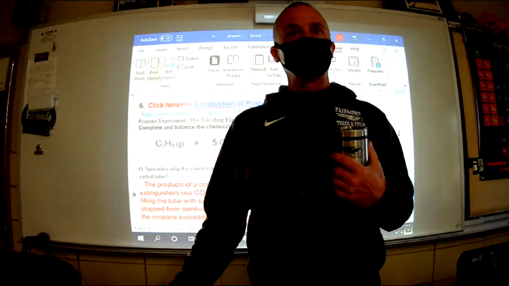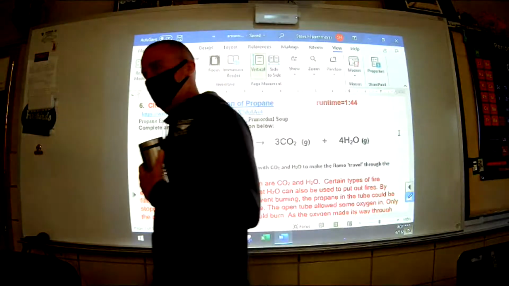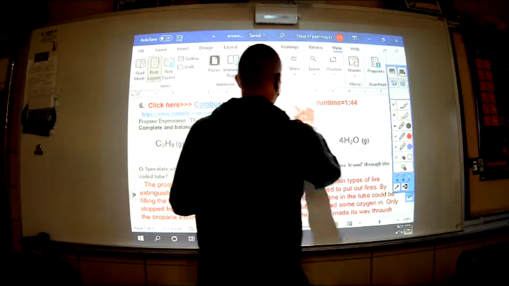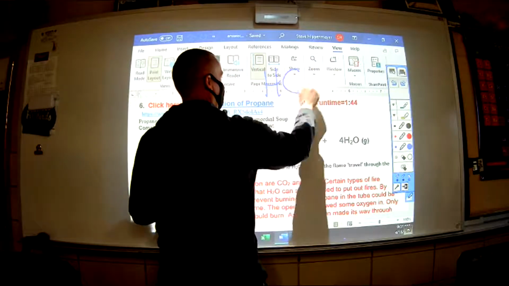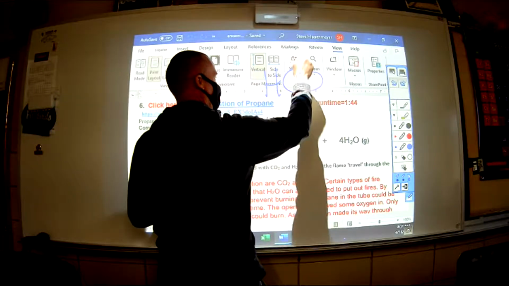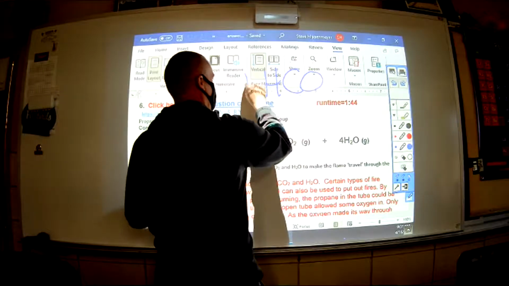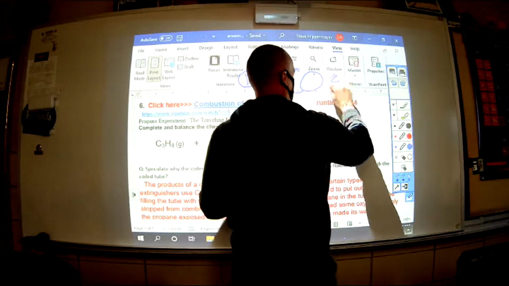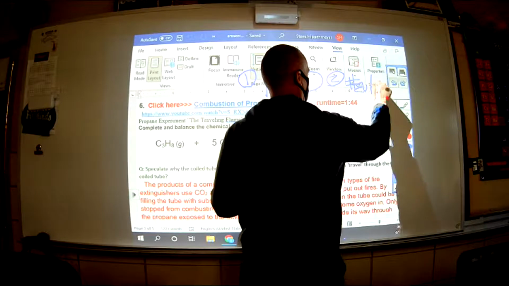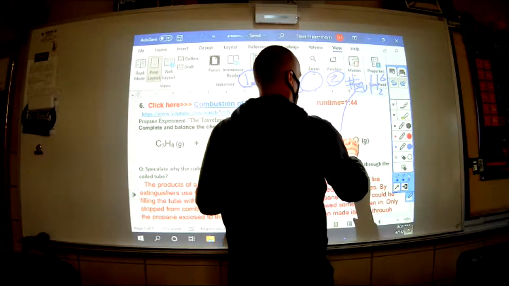The Hollister rule is indeed correct. That is where we balance them according to the Hollister acronym. Hollister Company. Hydrogen first, carbon second, oxygen third. That is the order we balance them, and then we remember that we need an even number in front of the water. We need an even number right there.